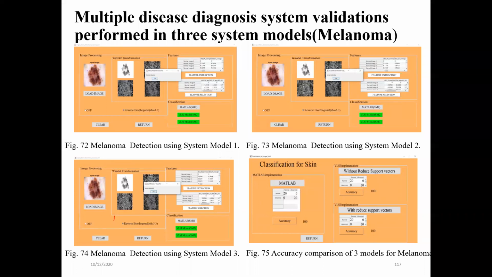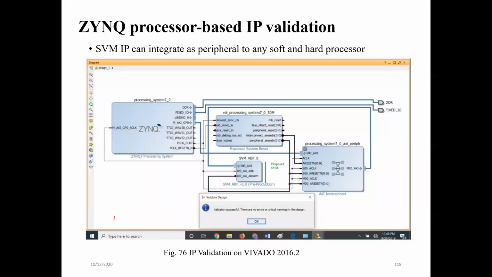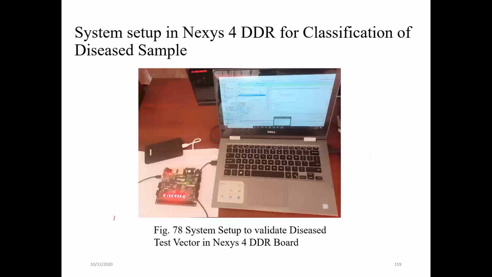And this is for melanoma disease. A processor called the Zynq processor is taken, and IP validation of the soft and hard core processor was done. And this is the system setup. You may observe that you require a board called the Nexys 4 DDR board.